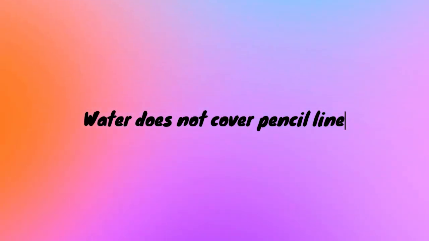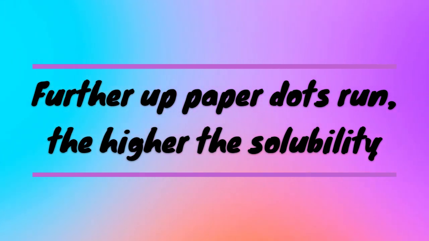And I guess the other thing that we need to be making sure is that we are using a solvent that the mixture does dissolve in. If it doesn't dissolve in water, we want to be using ethanol. Okay, but the key thing that we need to know for C1 in paper chromatography is that the further up the paper, the higher the solubility of that component.